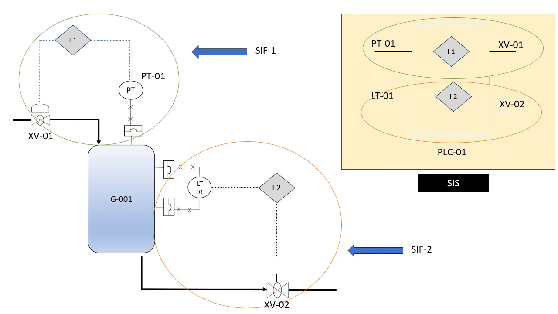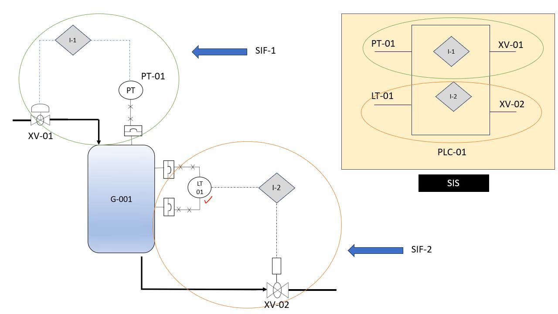Next, consider the same vessel. There is another loop which is a level loop. So there is a level transmitter LT01 which is measuring the level, and in case of low level, it is closing this outlet valve XB02, right? So it is also protecting the downstream system from the hazard, right?